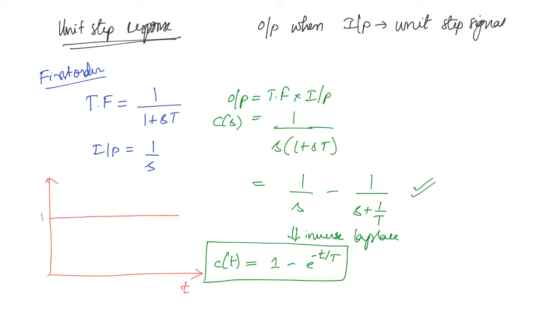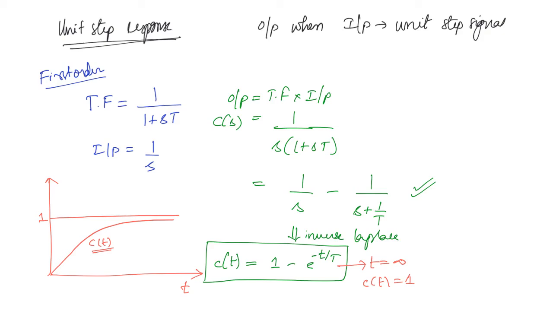The unit step input is remaining at 1, and the output will be like this. It will reach 1 at infinite time, because if you substitute t equal to infinity, you will get c of t equal to 1.